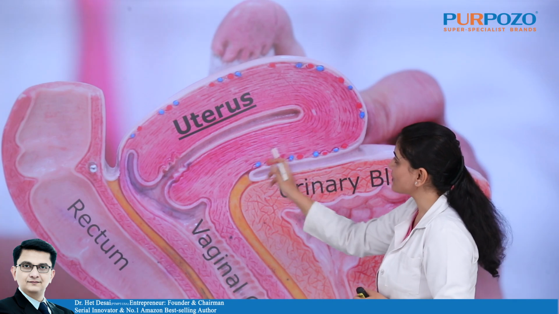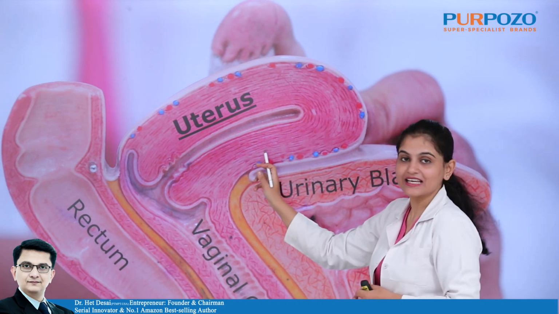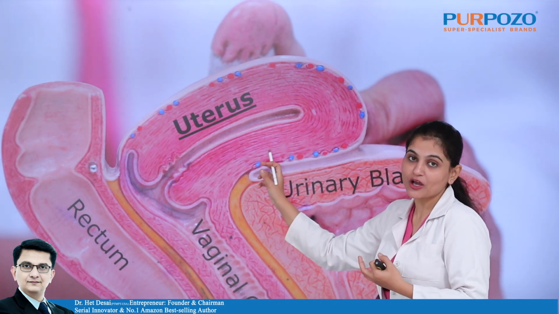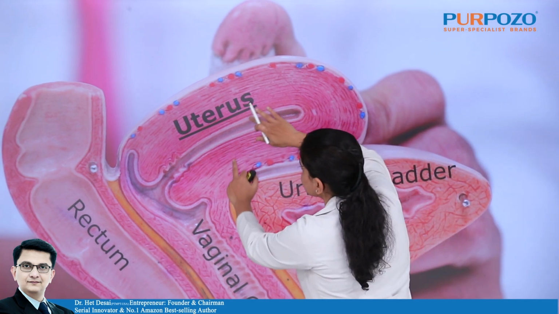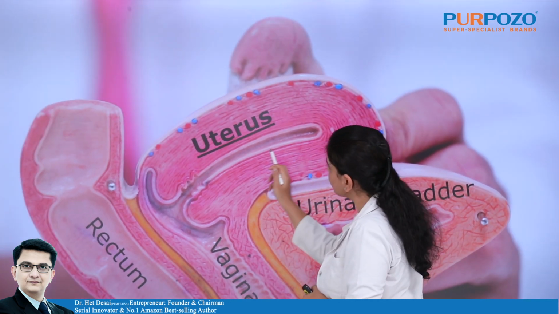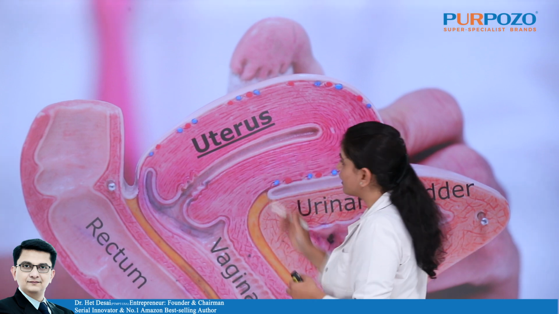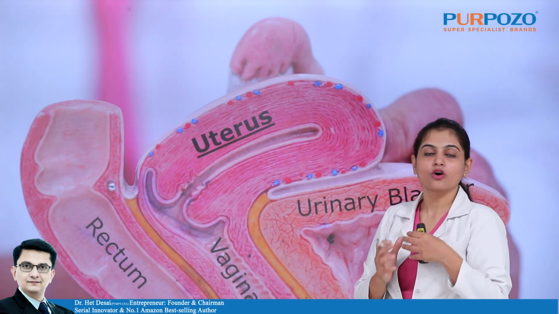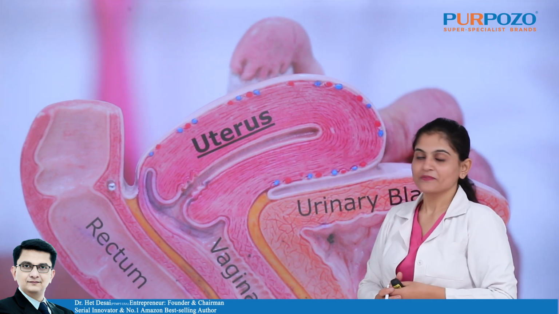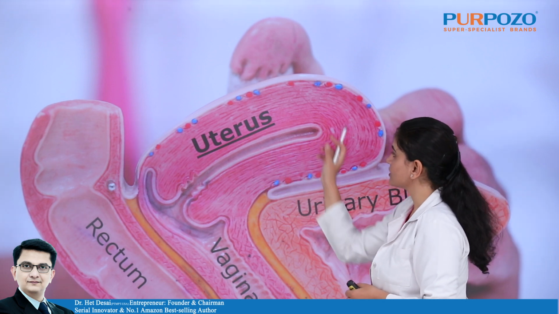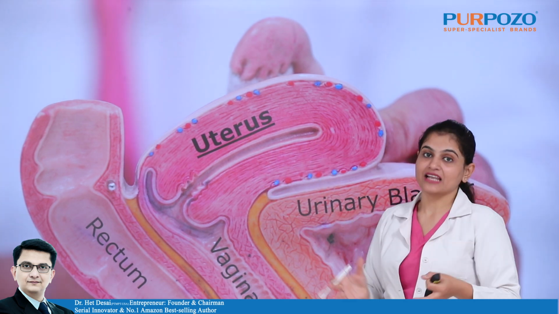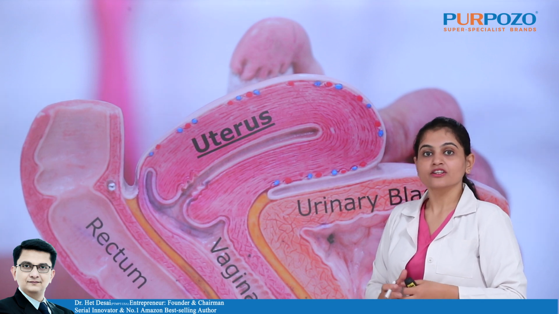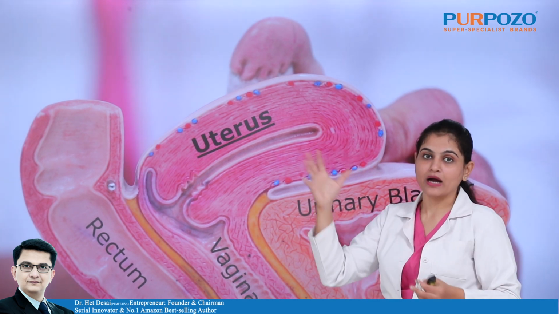Your uterus has the muscle layer, the myometrium, and inside is the endometrium, or you can say the inner layer of the uterus. The myometrium, or the muscular layer of the uterus, contracts and relaxes, so that the uterus shortens and expands.